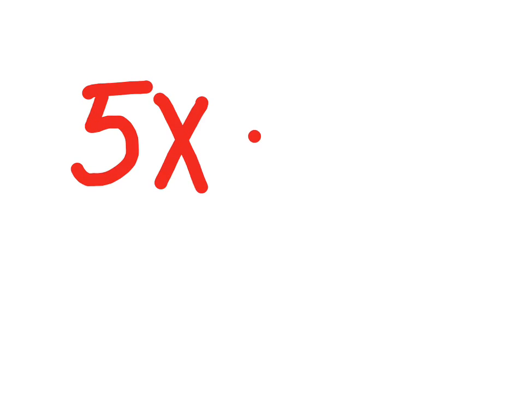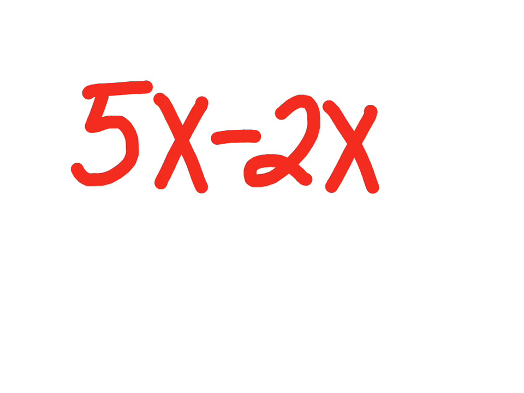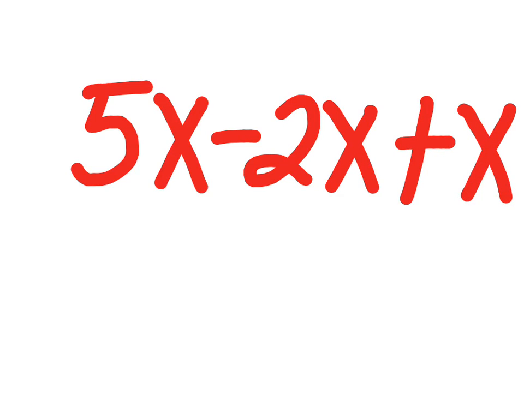Let's say you have 5x minus 2x plus x. Now you have to combine three terms. You have 5x, 2x, and x. It's like saying 5 apples minus 2 apples plus 1 apple.